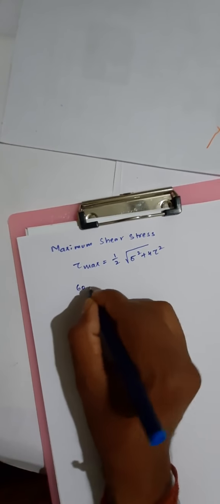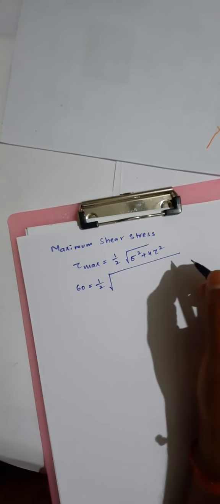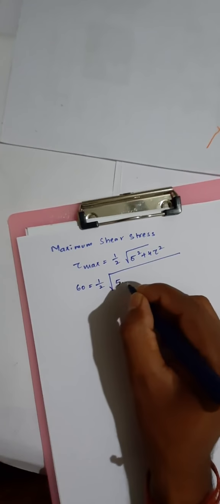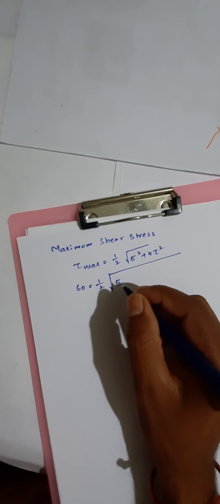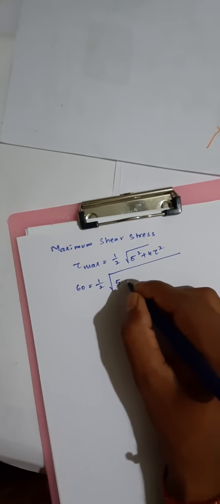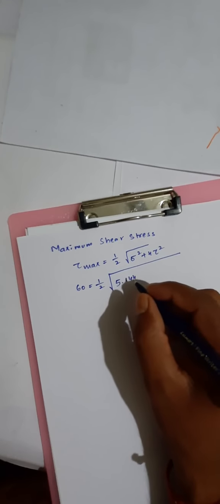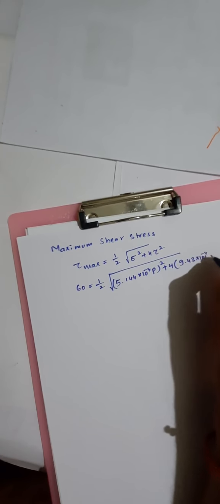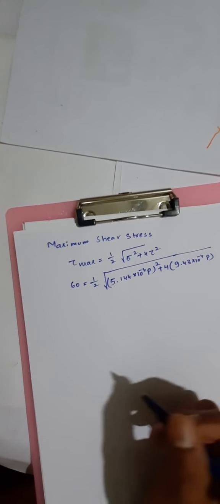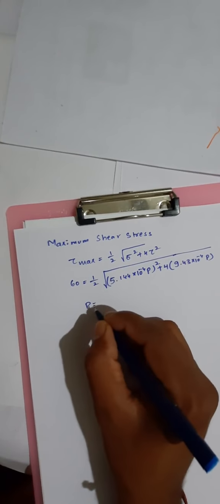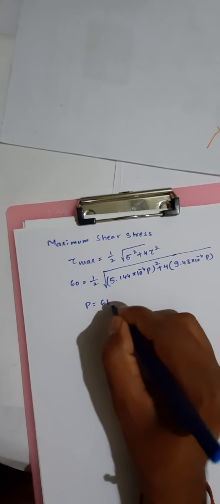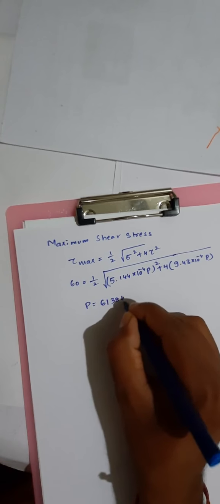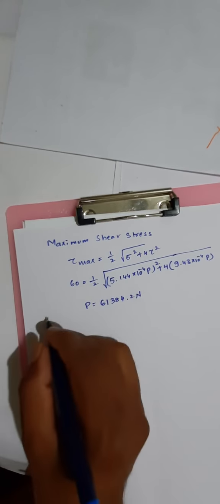Substituting all the values, tau max given in the problem is 60 Newton per mm square, equal to half into the square root of sigma square, where sigma is the maximum stress on rivet number 3 as well as rivet number 4, which is 5.144 into 10 to the power minus 4 P, whole square, plus 4 times 9.43 into 10 to the power minus 4 P. If you simplify this entire term, we get P is equal to 61,384.2 Newtons.